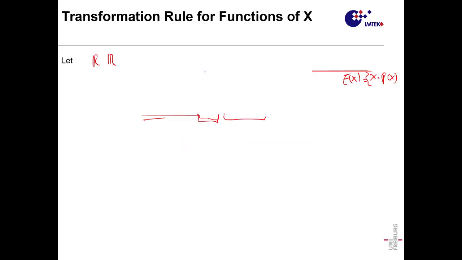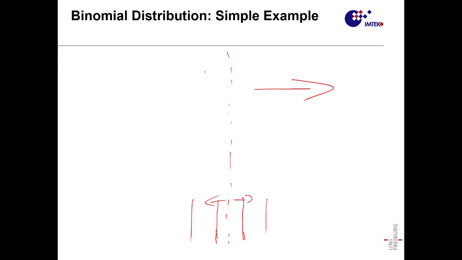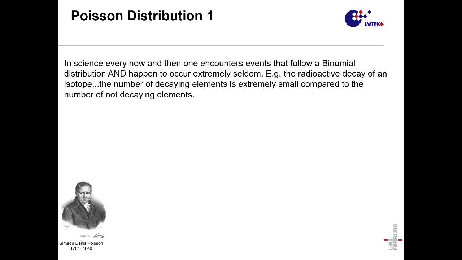This was already noticed a long time ago by Poisson. He said, okay, we have a nice distribution that models 2 events, 0 and 1, for n repetitions, but it becomes a problem when n increases. And it's even more problematic when the probability of the event to happen is very low.